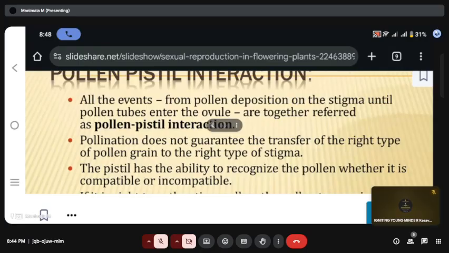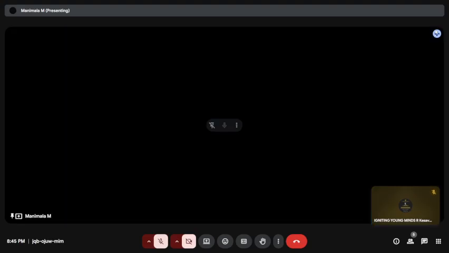So often pollen of wrong type, அதான் சொன்னேன்ல ரோஸோட போலன் கிரைன்ஸ் வந்து ஹிபிஸ்கஸ் மேல கூட விழலாம், ஹிபிஸ்கஸ் போலன் ரோஸ் மேல கூட போகலாம்.